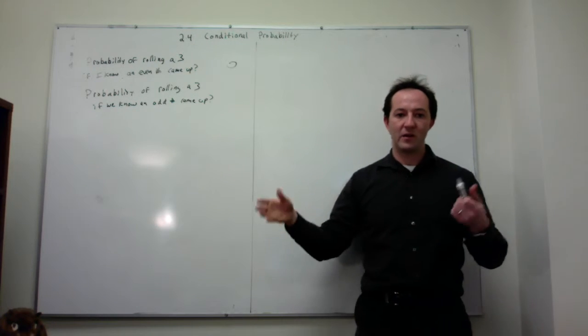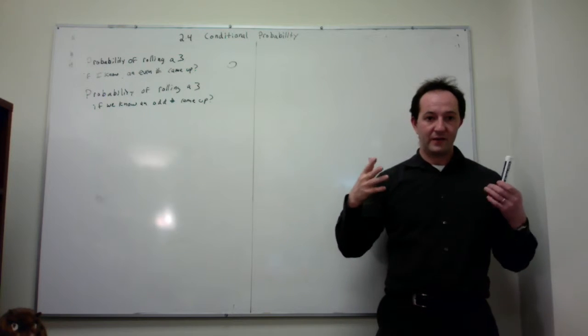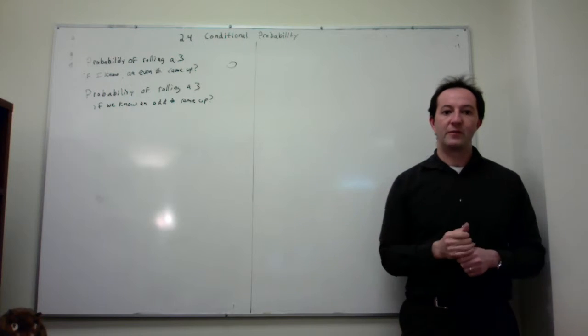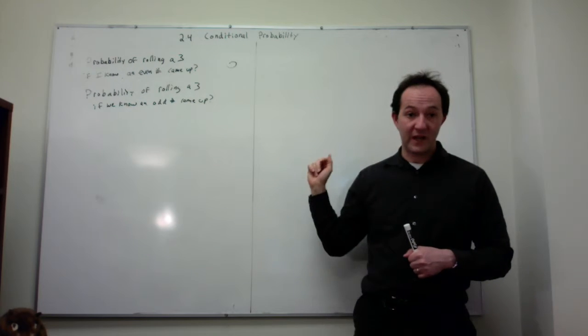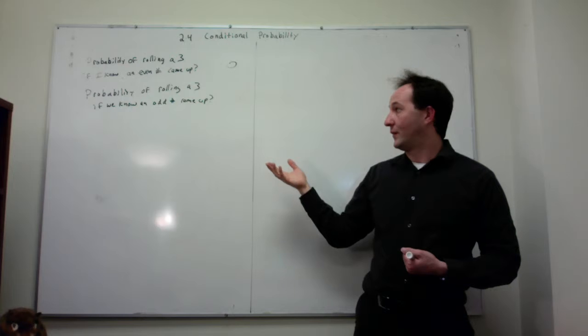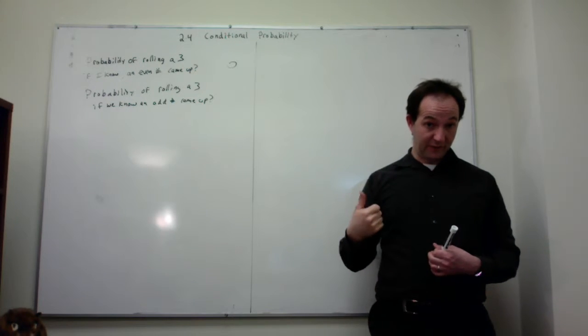Well, now we can go back and think of the ratio of the number of outcomes in the event to the total number of outcomes. So here, now I know that an odd number came up. So either a 1, a 3, or a 5 was rolled. And what's the probability of a 3 being rolled if either a 1, a 3, or a 5 is rolled?